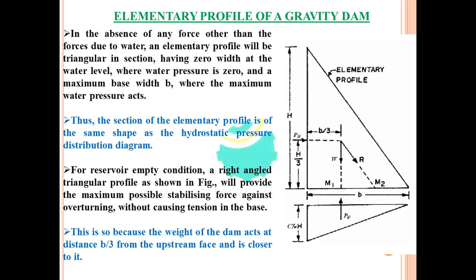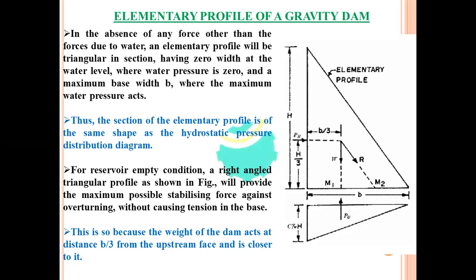With that assumption, we calculate the stabilizing forces against overturning and tension. In the reservoir empty condition, the major failures are overturning and tension. So our design in the elementary profile is first against overturning and tension.